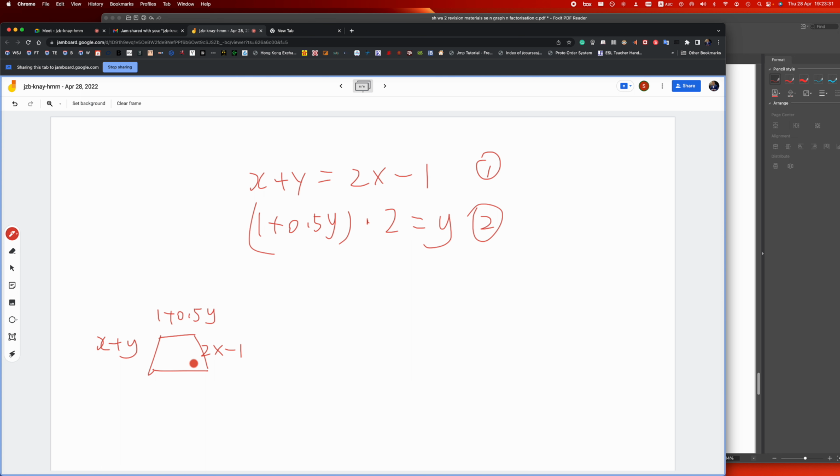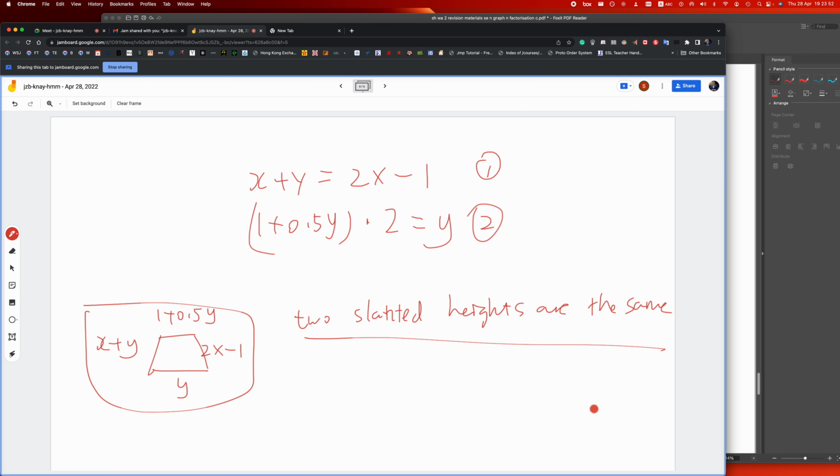Can you see what I write? Yeah. This is the question given to you. A trapezium, right? And then what do they say? They say the two slanted heights are the same. What's the meaning of the slanted heights being the same?